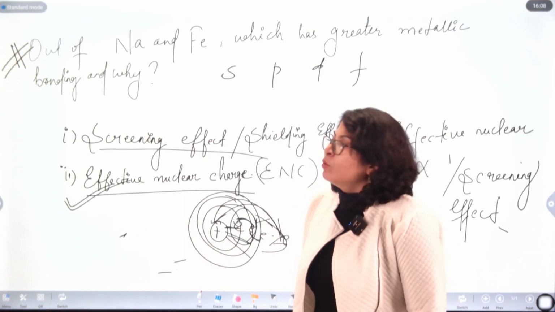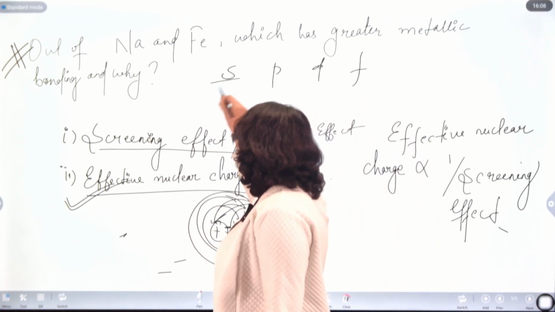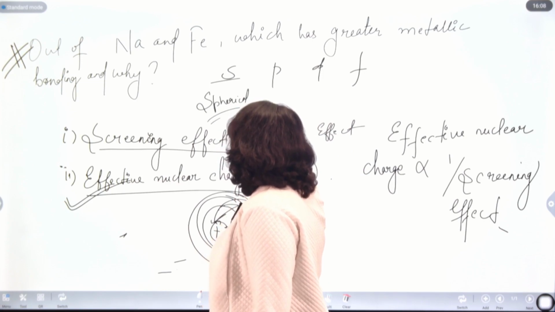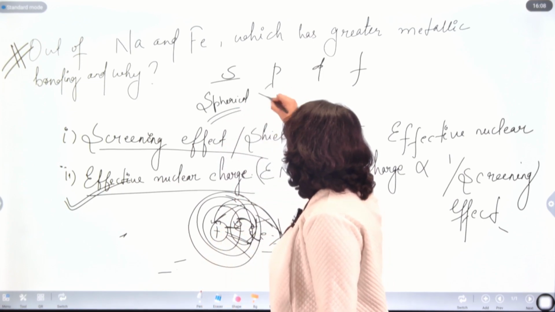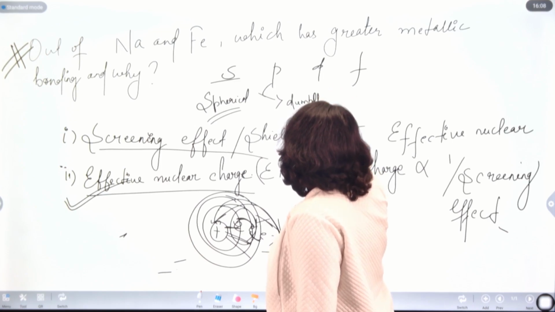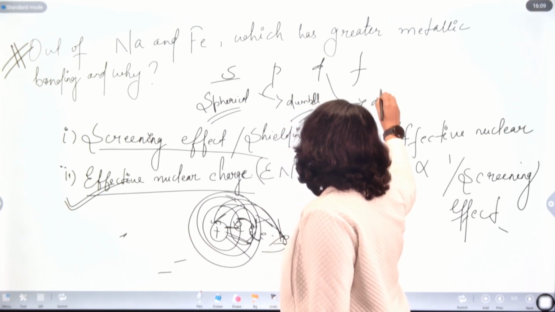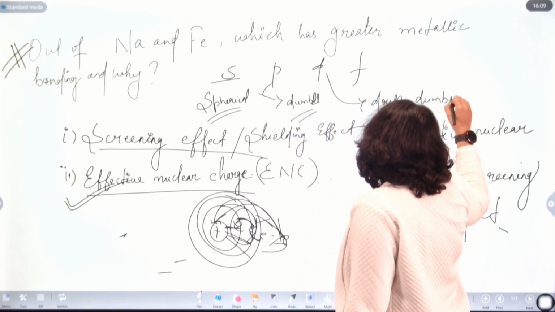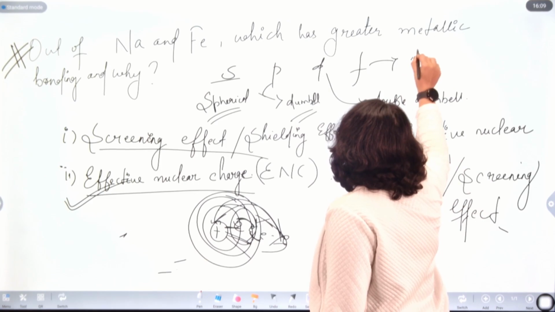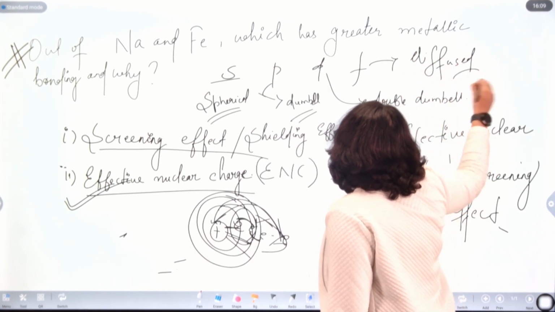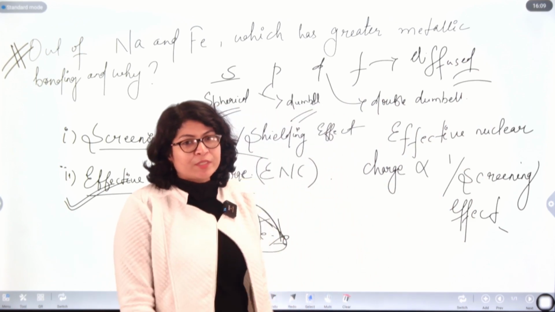Obviously, we know the shape of the s orbital is spherical. The shape of the p orbital is dumbbell. That of d is double dumbbell. And f is diffuse or very complex shaped, which is a fundamental shape we can say.